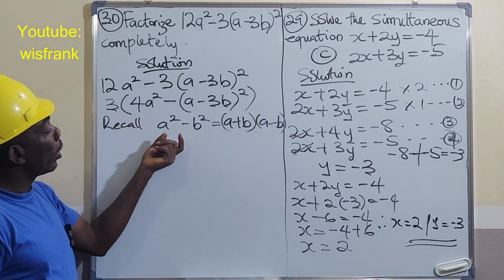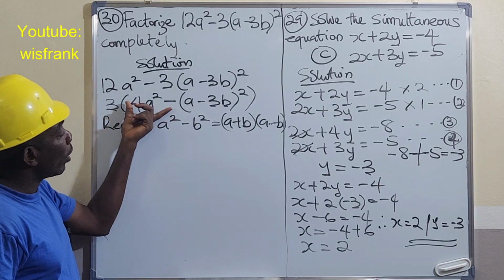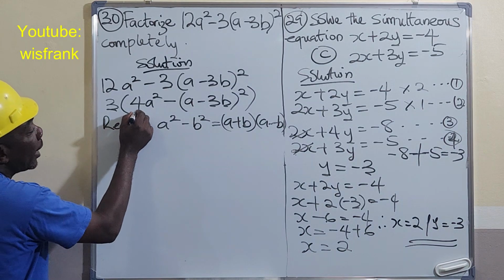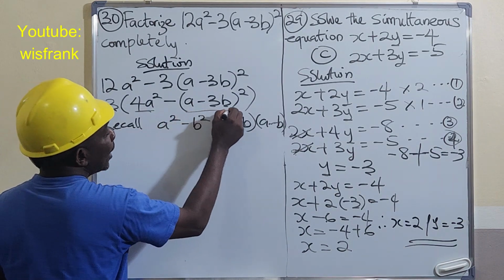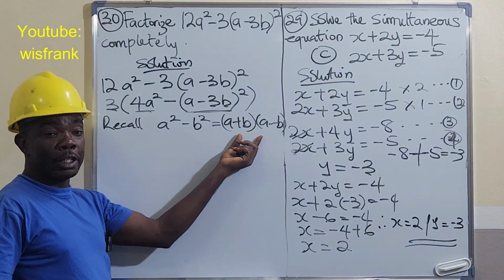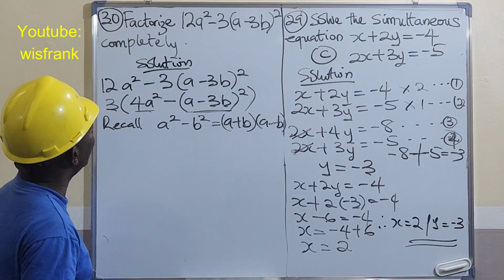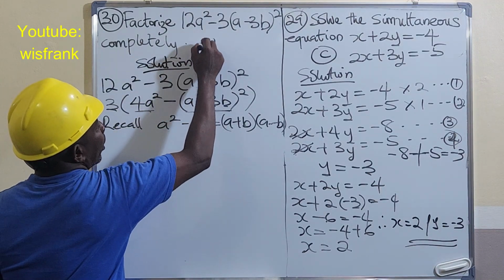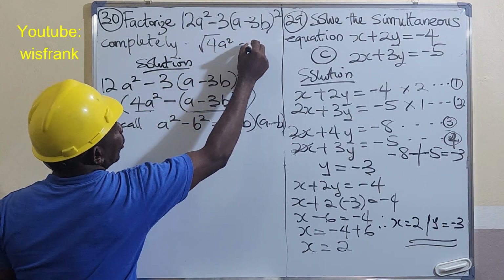Here we have this as a and the whole of this as our b. So this 4a squared will be the square root of 4a squared, which is 2a.